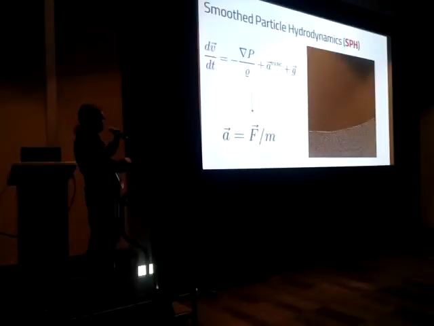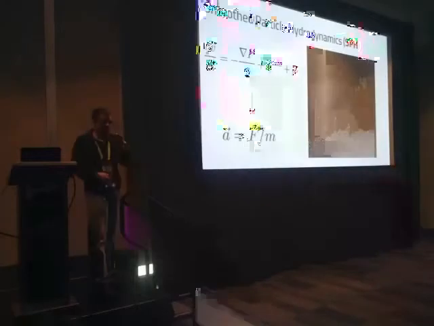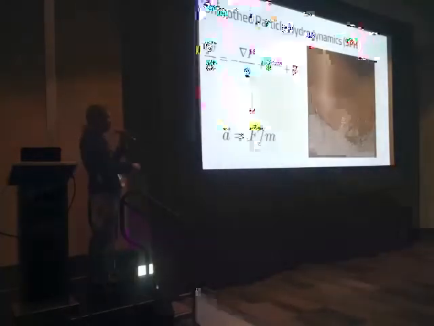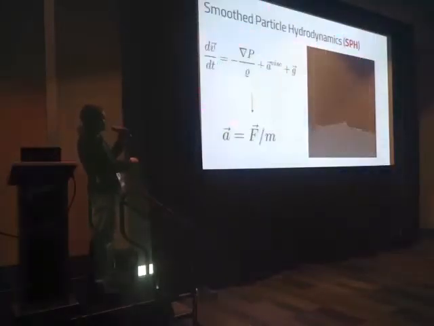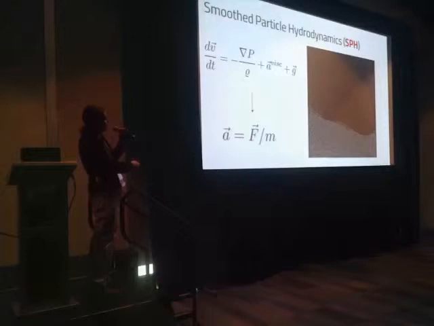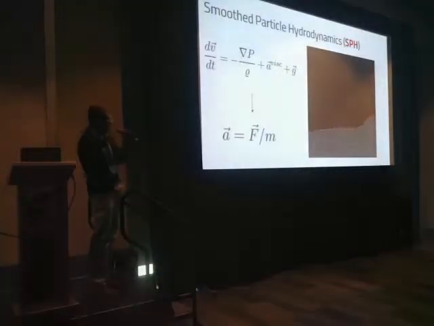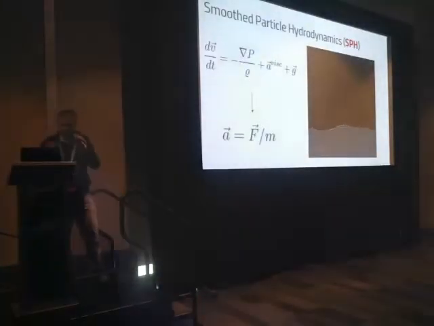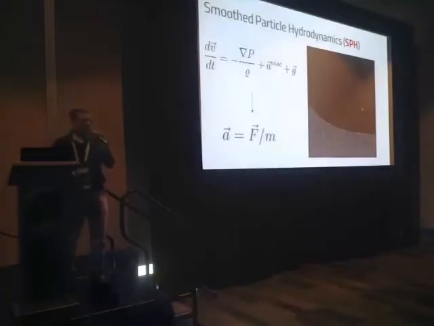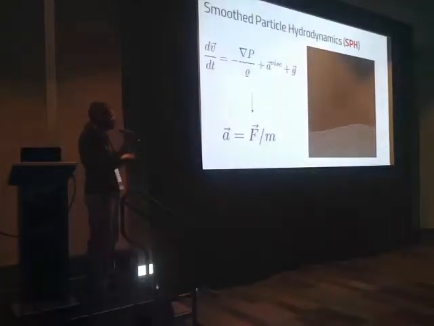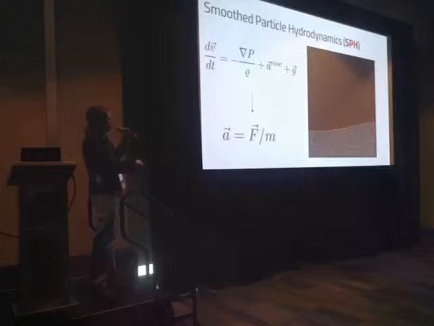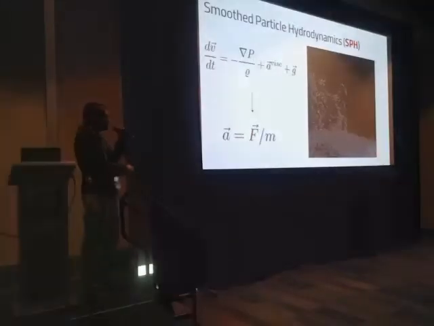And so what we do in smoothed particles, we have another equation, which is a Lagrangian way to write the Navier-Stokes. So again, on the left-hand side, we have acceleration. On the right-hand side, we have forces. There is the pressure, the viscosity force, and the external force. I don't want to describe it, because that would be a lot of work, a whole lecture about this equation.